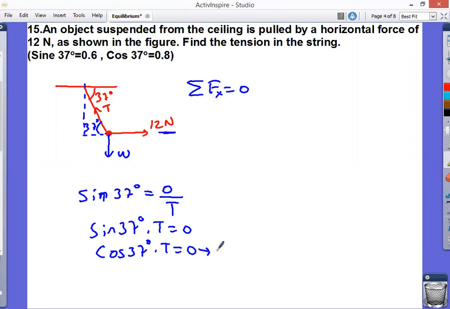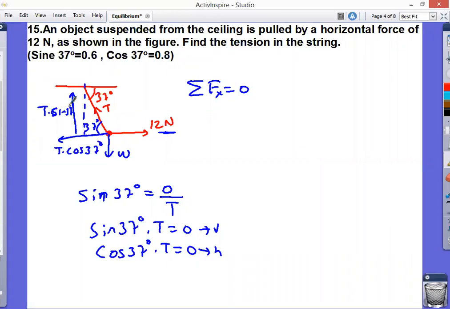This is horizontal, this is vertical. So again, for the horizontal component, what do we have for T? So here we have T times cos 37, and here we have T times sine 37, okay?